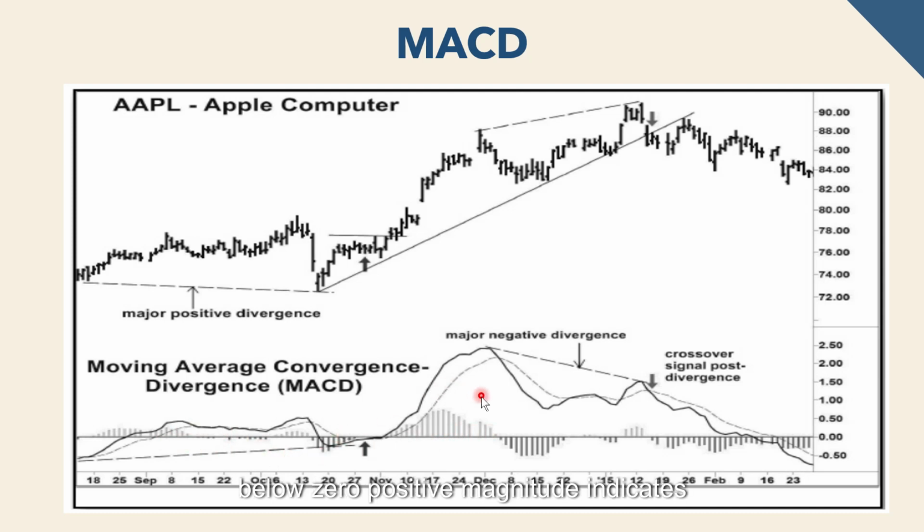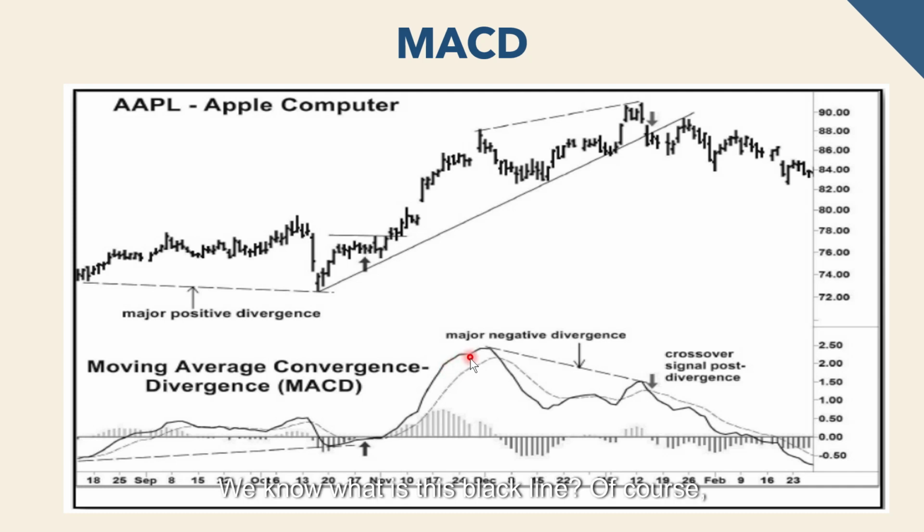Positive MACD indicates that the average price during the past 12 periods exceeds the average price over the past 26 periods. This black line is the MACD line. Then what is this dotted line? This dotted line is the signal line. How is it calculated? This is the 9 period exponential moving average of the MACD line.